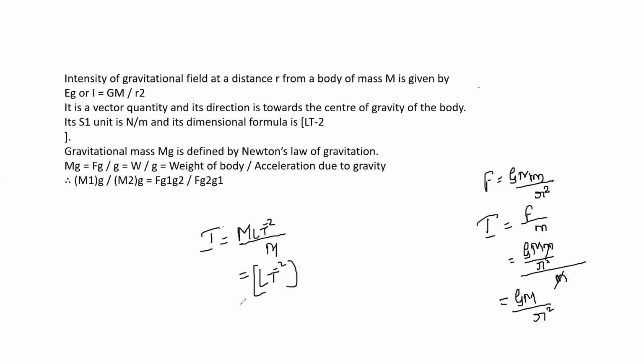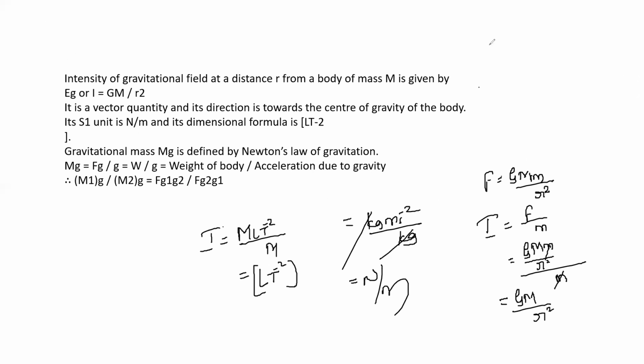So this is the dimensional formula for intensity of gravitational field. Okay, the unit also we can see. Force can be written as kg meter per second square divided by kg, right? So in short we can take it as Newton per kg.